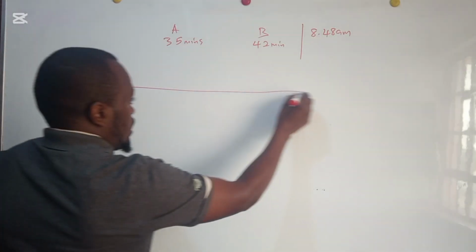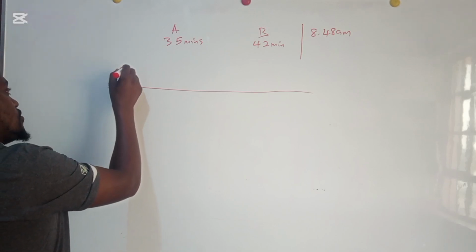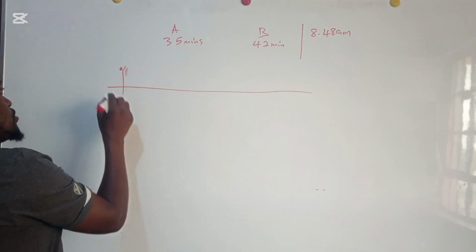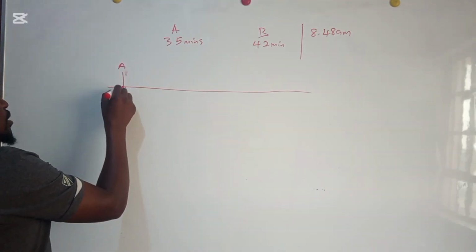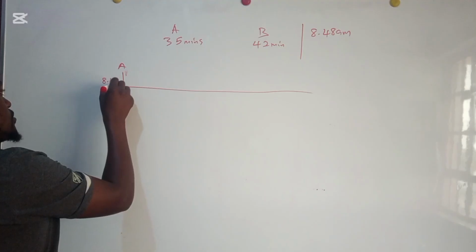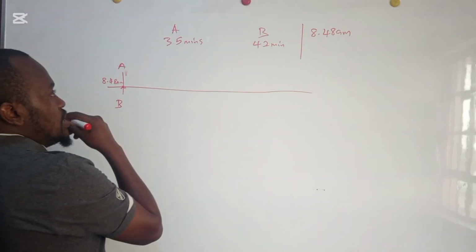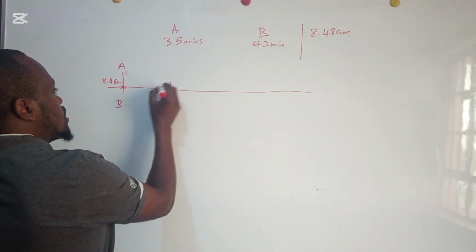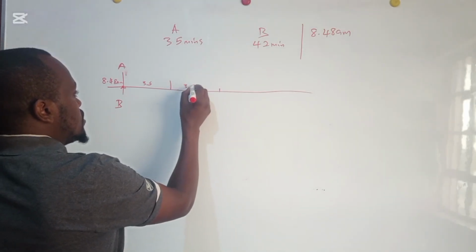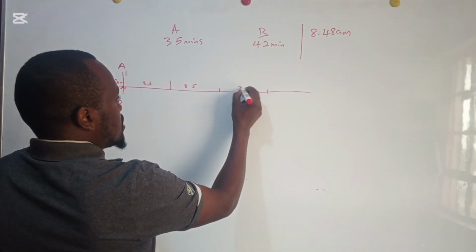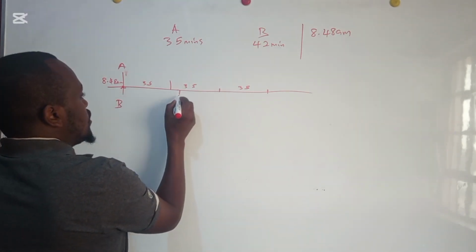Suppose this is the timeline, with A and B both at 8:48 a.m. The next time A will ring is after 35 minutes, then again another 35 minutes. What about B? B will be 42 minutes.